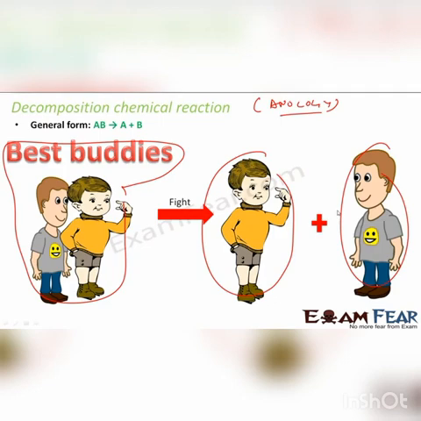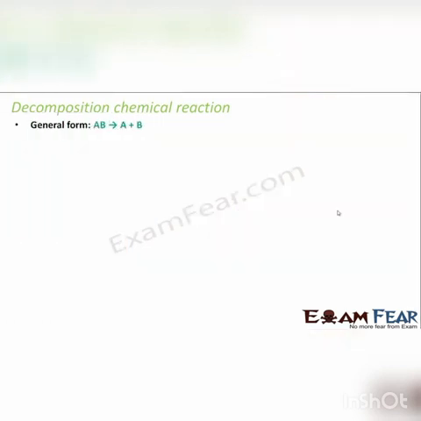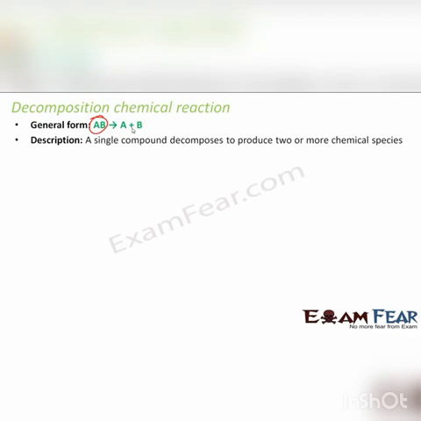This is similar to a decomposition chemical reaction in the chemistry world. So we have this one compound AB, you decompose it and it becomes two compounds. The description says a single compound decomposes to become two or more chemical species. It may be more also, it can be C and D also.